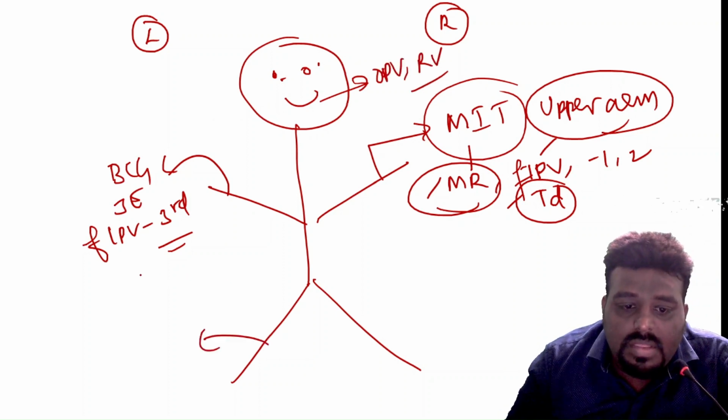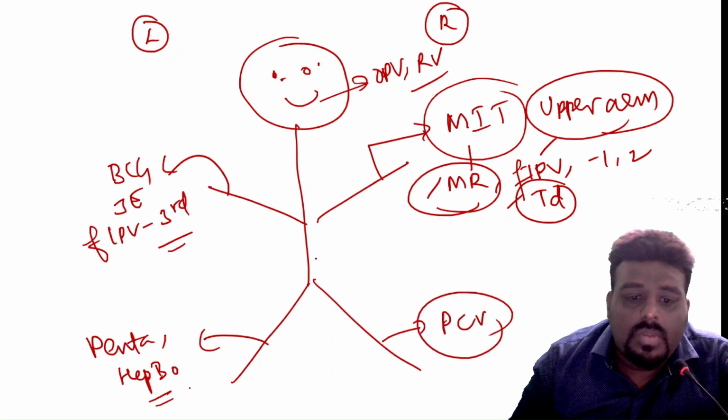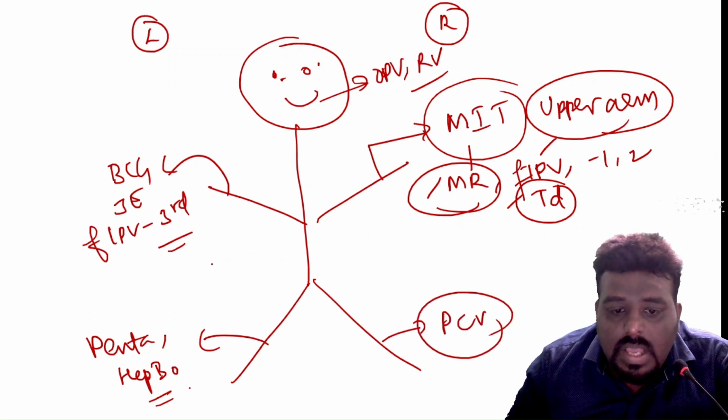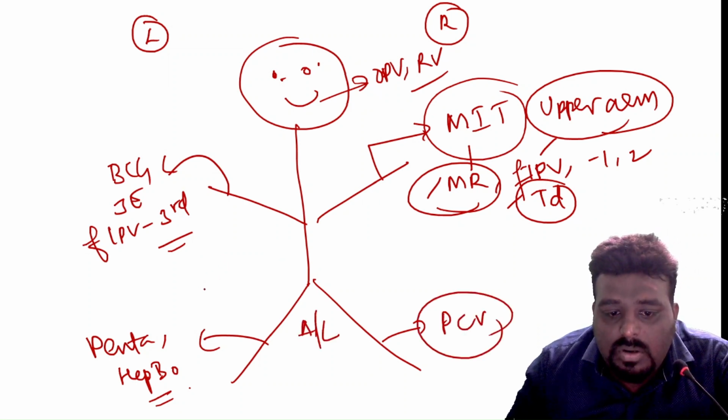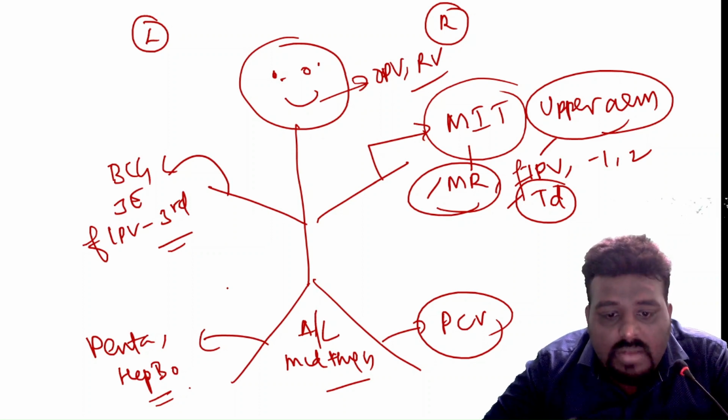On the left side it is penta and hepatitis B 0 dose which is given at birth, and PCV on the right side. What I mean by the left is the anterolateral aspect of mid thigh. For example, how penta is given: you should not say left thigh alone.